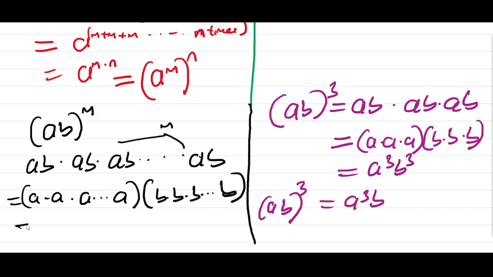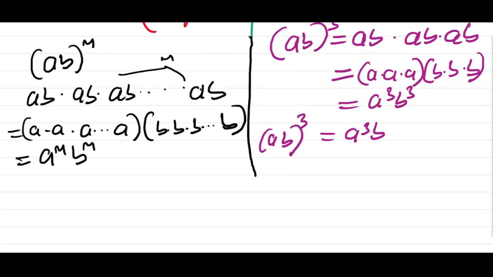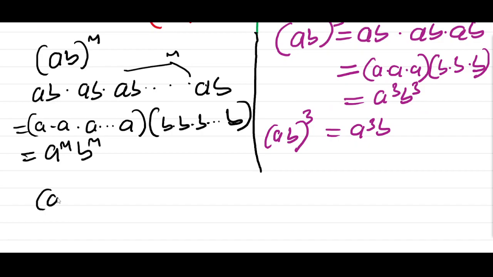Since ab appears m times, a will appear m times and b will appear m times. So this is a to the m and b to the m. Here we have derived this law that ab, all to the power of m, is a to the m, b to the m.